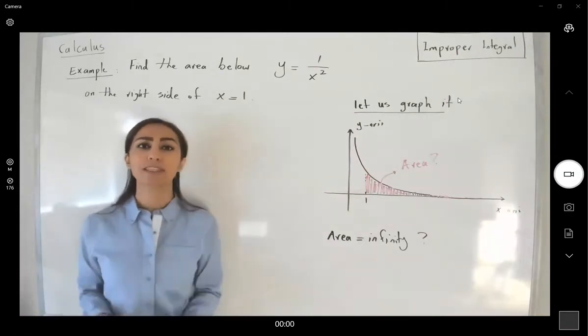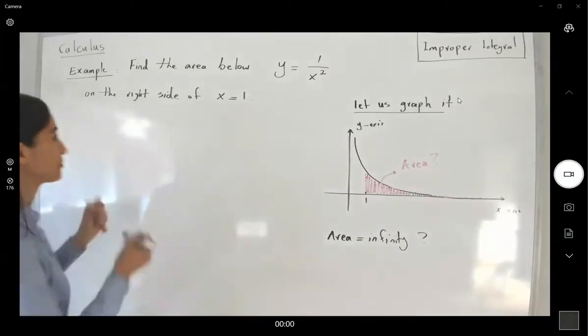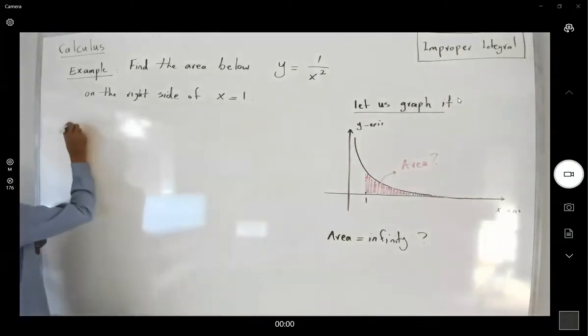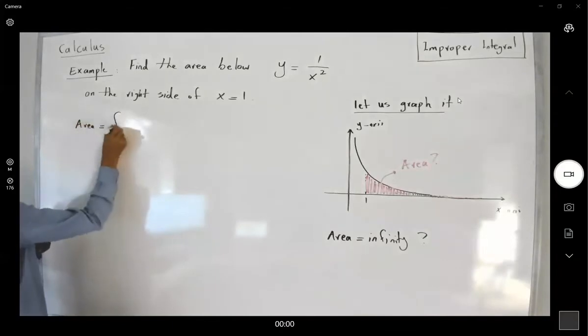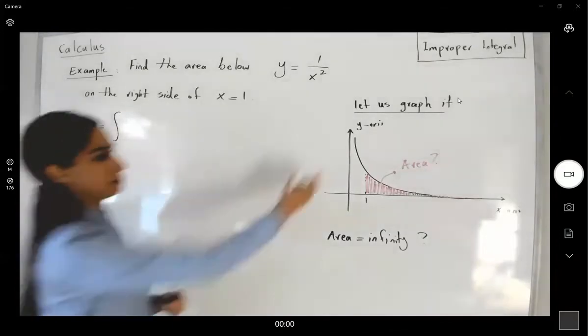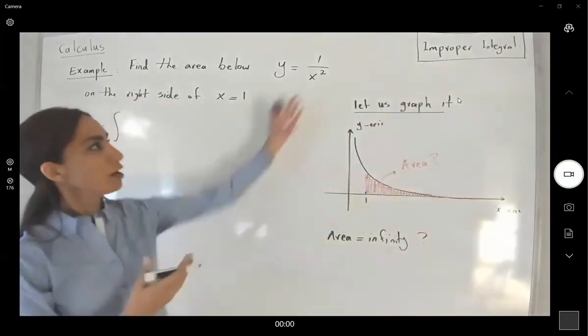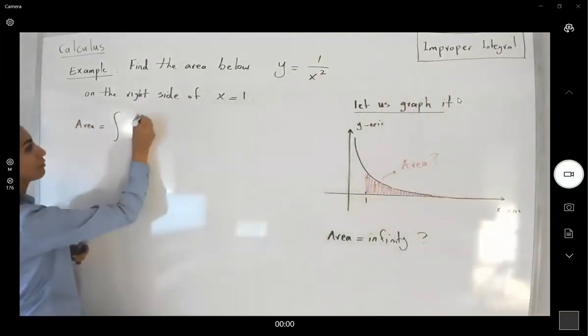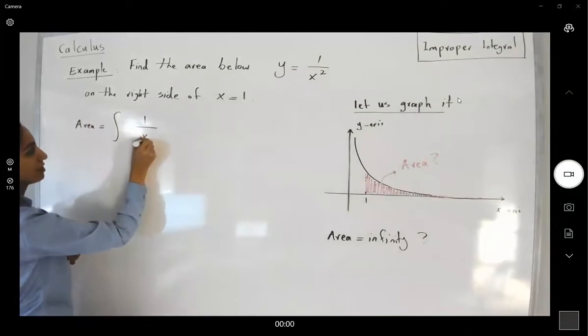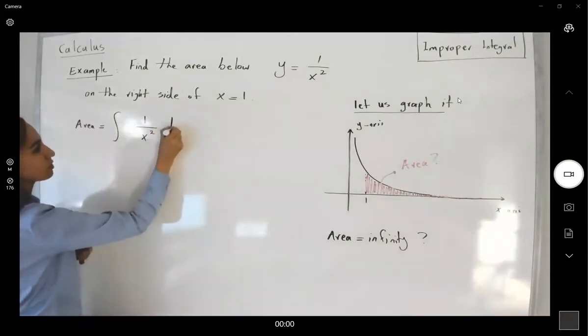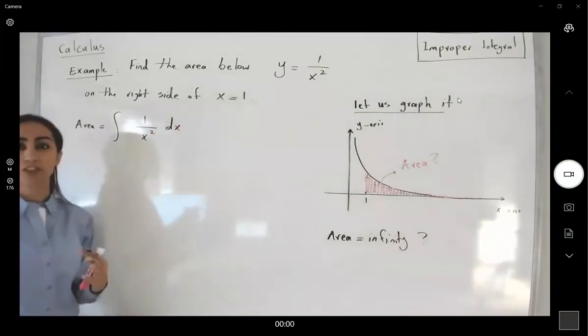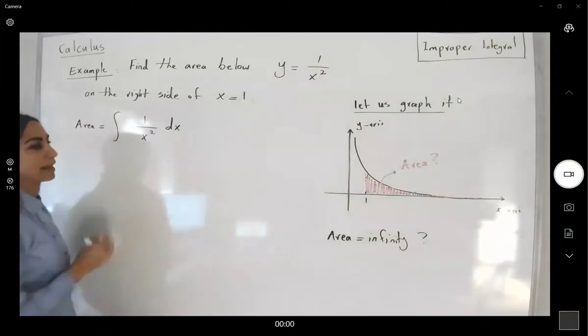Let us actually calculate this area. So we know that the area is equal to the integral of this function, 1 over x squared, and since we are taking the integral with respect to variable x, we use dx.